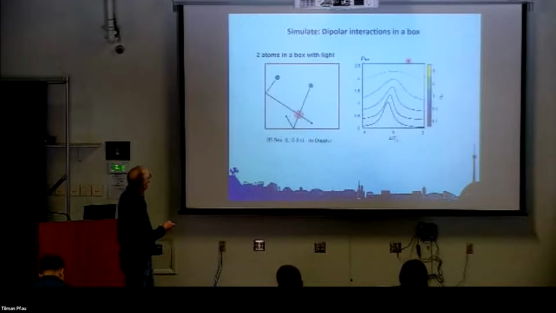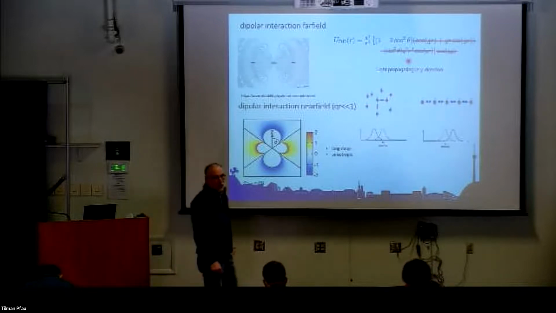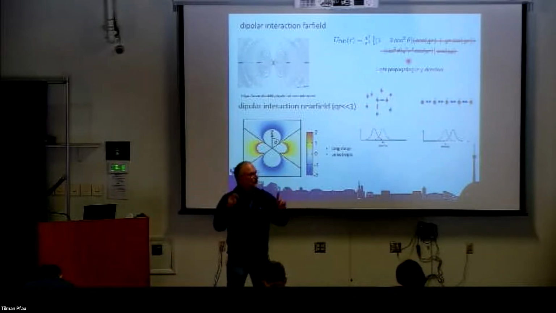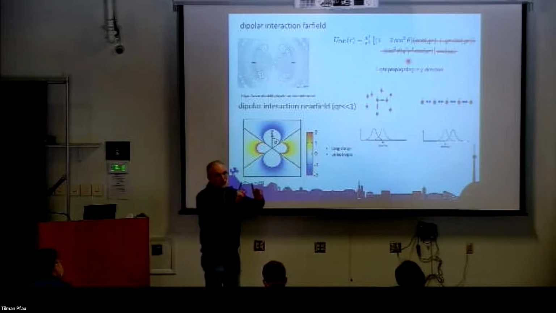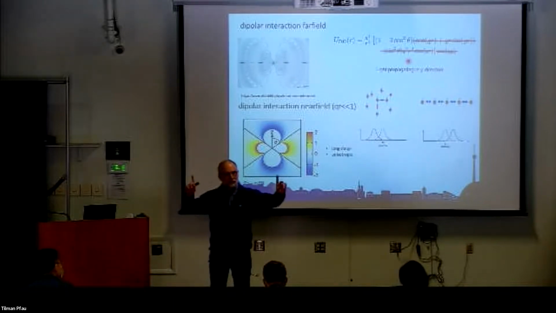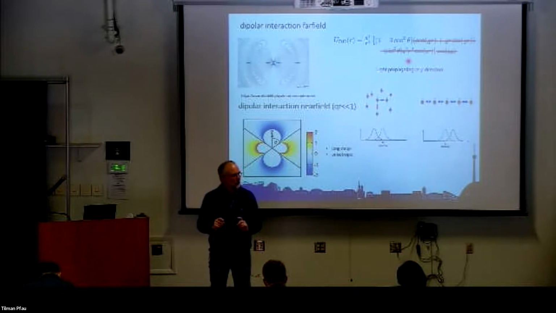What was on the previous one? Let's just. Yes. So if you have dipoles, then you can have a situation when they are sitting side by side. Just like magnetic dipoles, here it's now AC electric dipoles, they are sitting side by side and they repel each other. So this will shift your resonance frequency of the whole system to the blue.